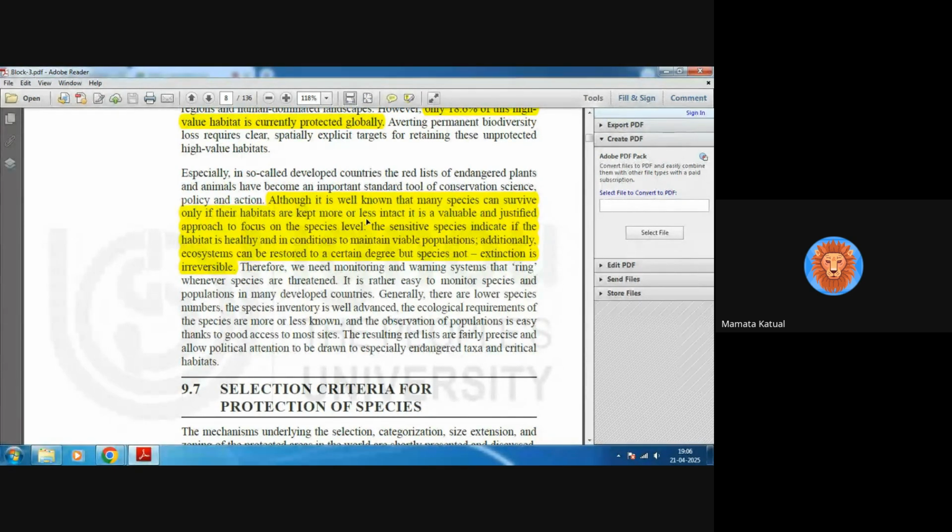If we find sensitive species in that habitat, that means we know that the habitat is healthy. So the presence of sensitive species indicates that the habitat is very healthy.